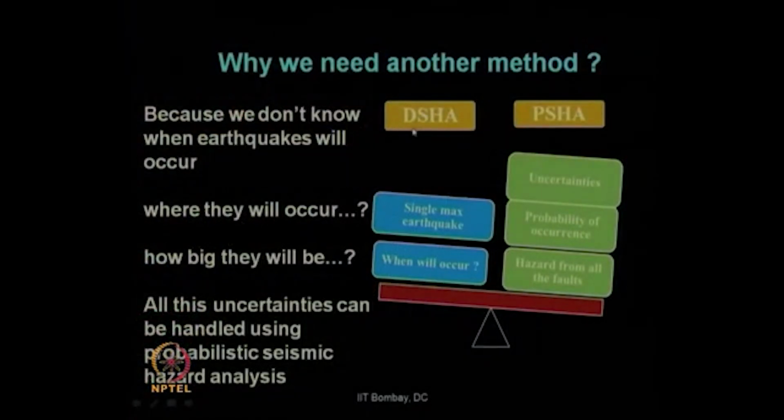We have seen the shortcomings of deterministic seismic hazard analysis, and that leads to the requirement of another method, which is probabilistic seismic hazard analysis, because in this case we take care of all the uncertainties involved in the earthquake event to estimate the hazard for a particular location or region or site.